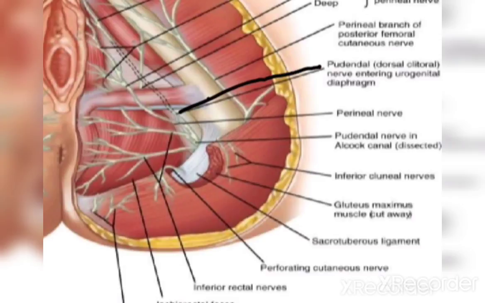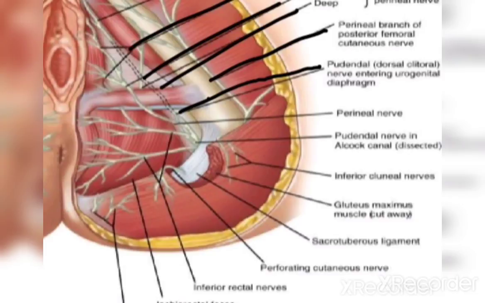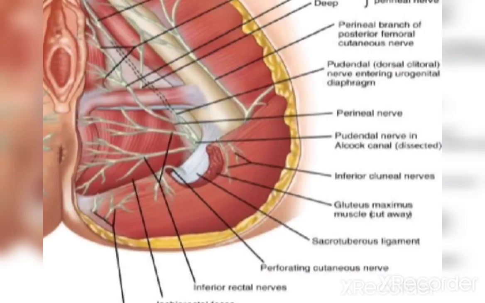Perineal branch of posterior femoral cutaneous nerve, the superficial and deep branches of perineal nerves, the posterior labial nerves, the dorsal nerve of the clitoris, the anterior labial branch of the ilioinguinal nerve. So these are the various nerves of your pelvic diaphragm.